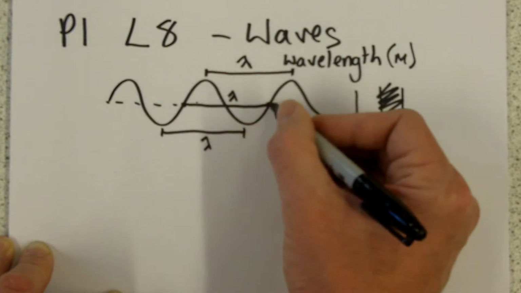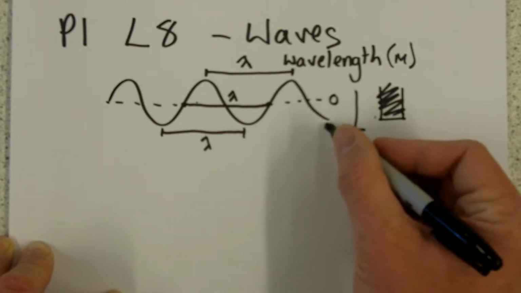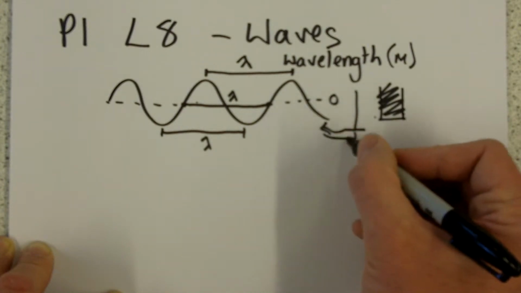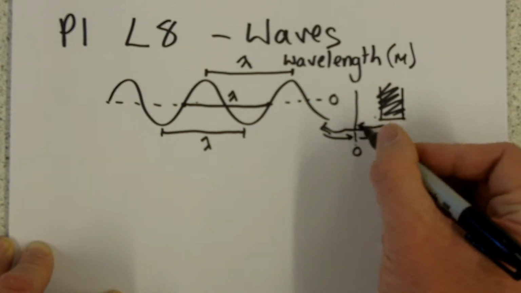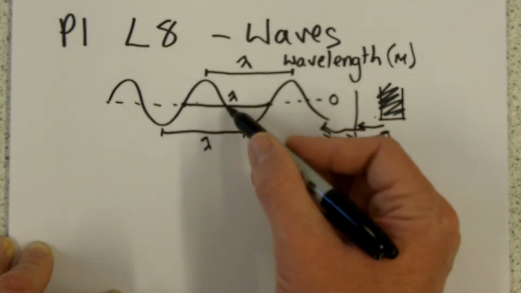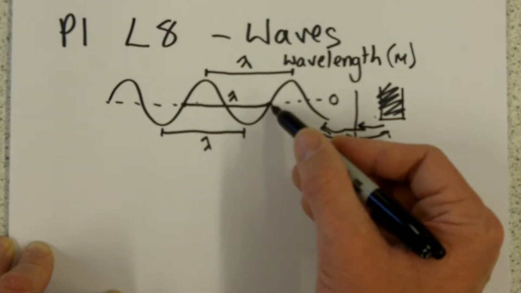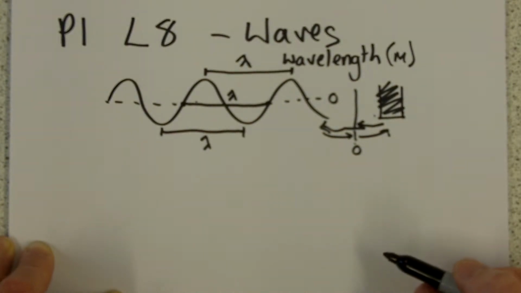So the 0 point of a wave is in the center. They swing forward, they swing back to the middle again, then back to the outer extreme, and then back to their 0 point. So one complete cycle is from the middle, out, back through the middle, to the back, and then back to the middle again. And that's one complete cycle, or one complete wave.